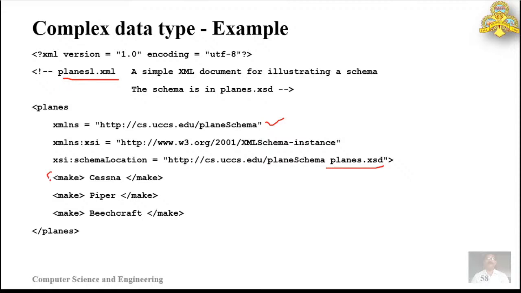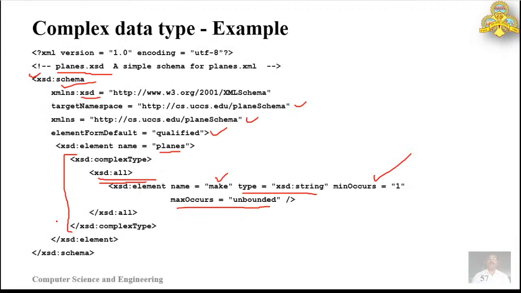Observe that make appears thrice in this XML document. Make is declared within the all tag in the definition. See in the previous one, make is the child element of planes and it is all, that means occurrences are unordered and maximum occurrence is unbounded. So that means it can appear any number of times.